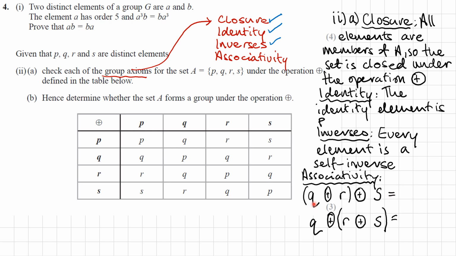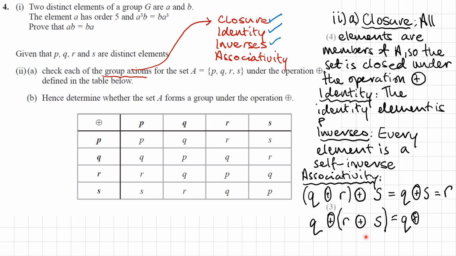So the operation of Q and R under this operation will give me Q, and if I do Q and S from the table, I get R. Right, we want to see if this gives us the same thing. So we've got the operation of Q and whatever RS is from the table.